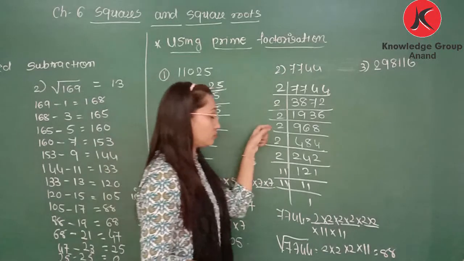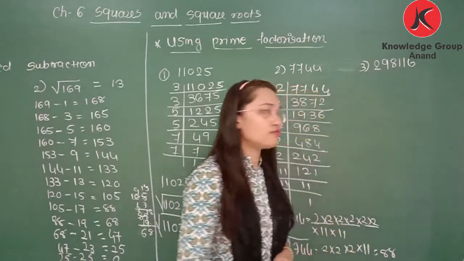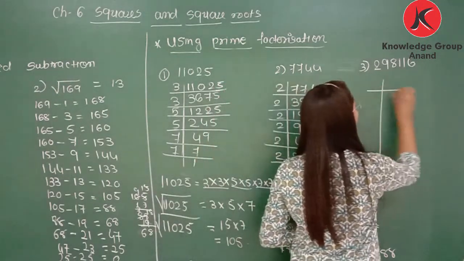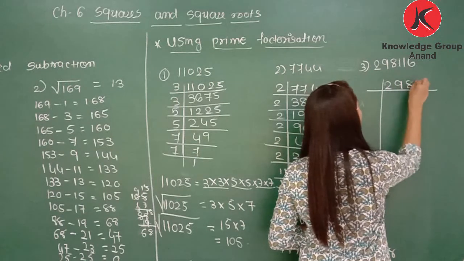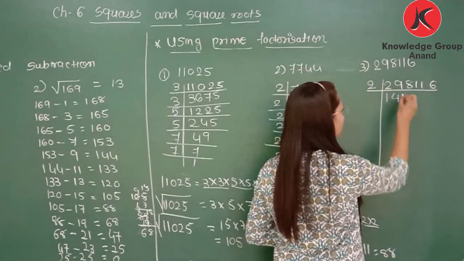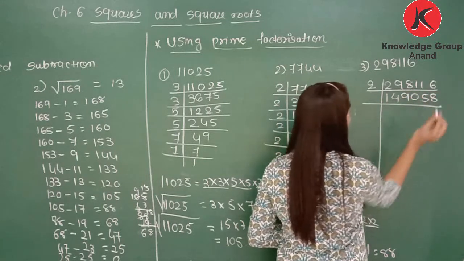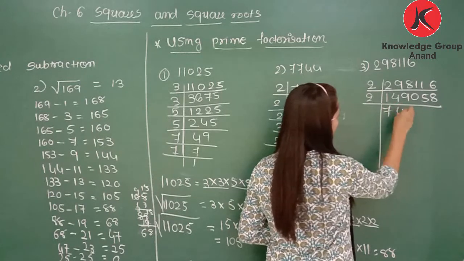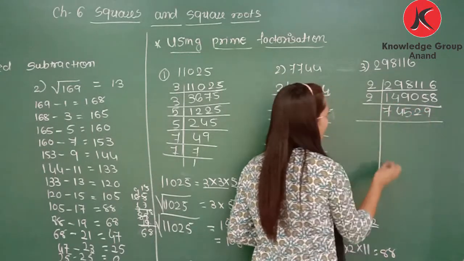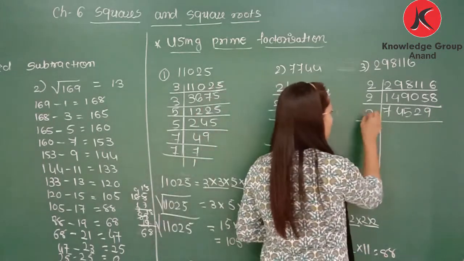Clear? Now next one, 298,116. Let's find the prime factors of this number. We start with 2, 149058. Now again with 2, 74529. Now this number is not divisible by 2, so let's take 3.